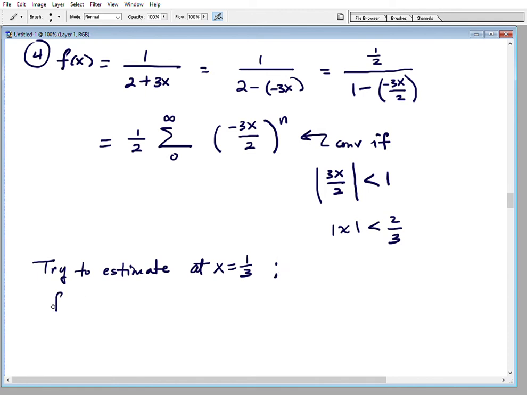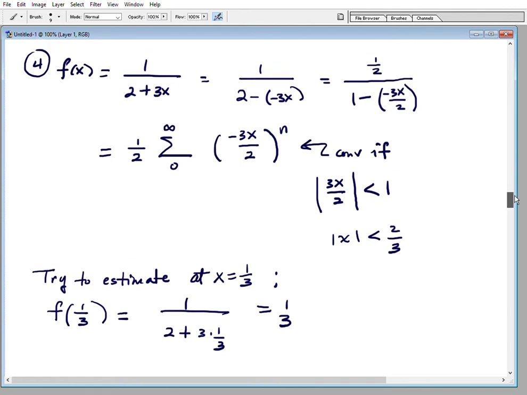Well, first of all, f of 1/3, just going straight into our function, not our power series, just substituting in here, we get 2 plus 3 times 1/3. We get 1/3 again. So when we substitute in 1/3, we expect to get 1/3. So now substitute in 1/3 over here, and let's see if we get close to 1/3. All right.